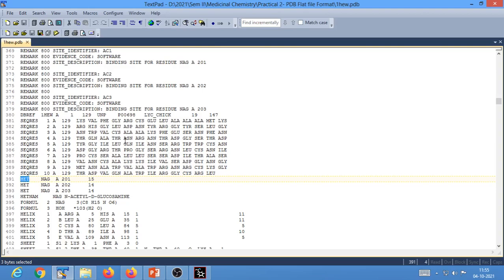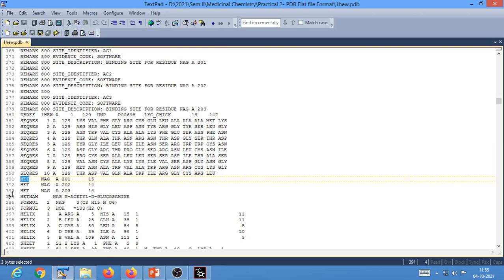Hetero groups are usually the non-protein components that are present in your file. These non-protein components can be in the form of prosthetic groups like PLP or ADP, ATP, and so on and so forth, NAD, NADP. These are all prosthetic groups.